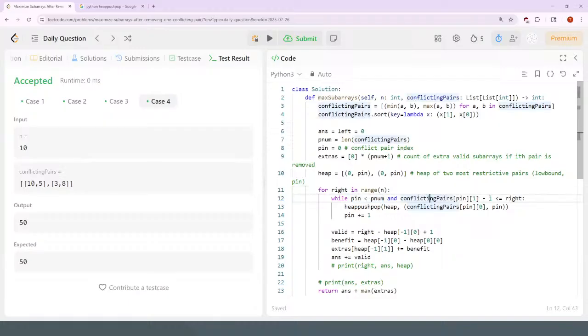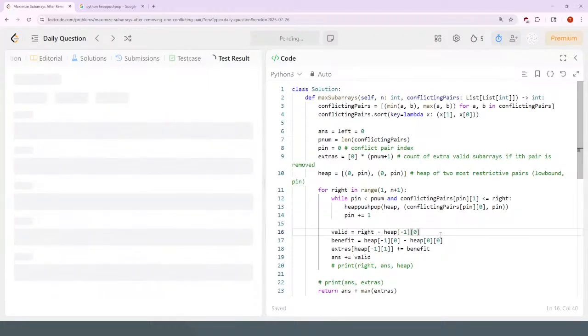So if the right index, I wonder if I should just do right index from 1 to n plus 1. That'll probably just make things a lot easier. So that would just make this thing conflicting pairs less than or equal to right, and right minus left. I think that's still correct.